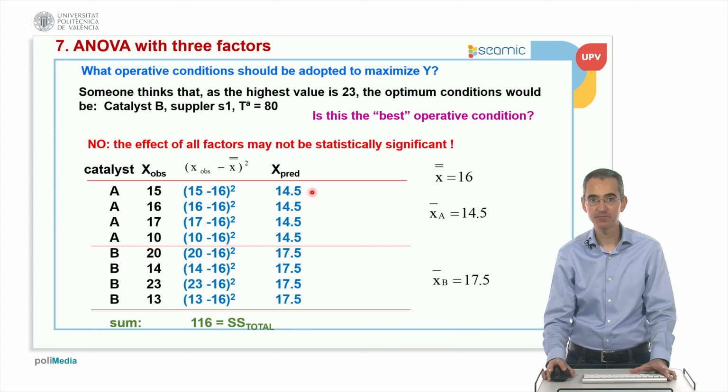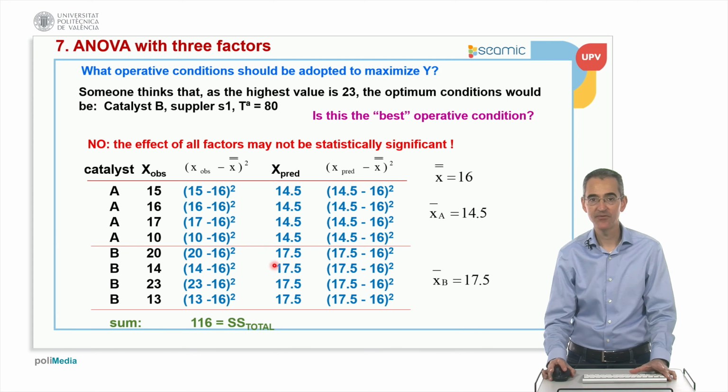And then the best prediction, as I was saying, is the average. So for these four values, their average is 14.5. So this is the best prediction. And then for the other four values, the prediction is 17.5. So we put every predicted value minus the grand mean squared, we sum, and then we get the sum of squares for this factor called catalyst.